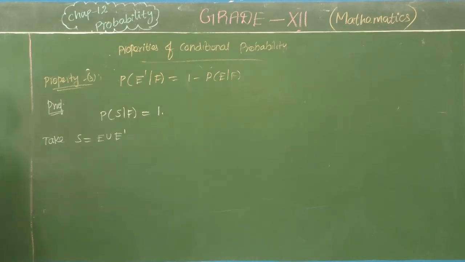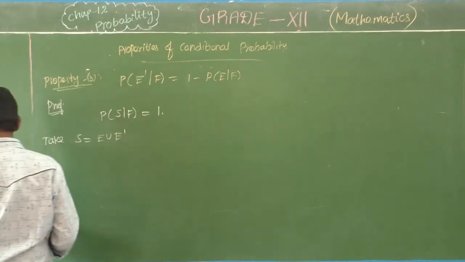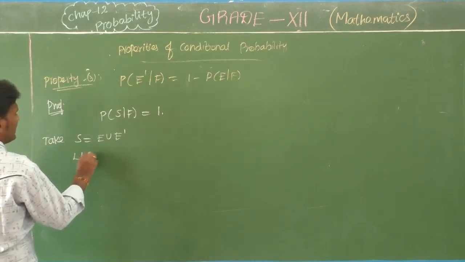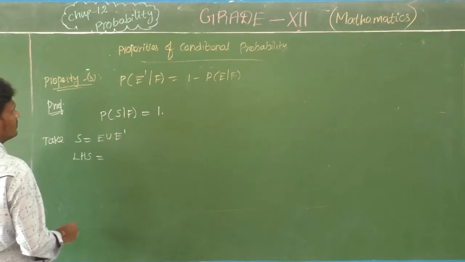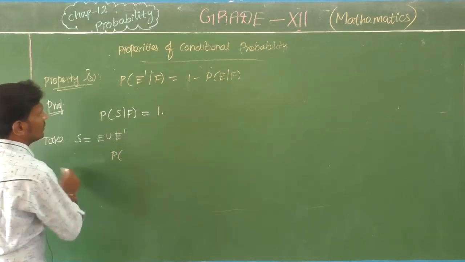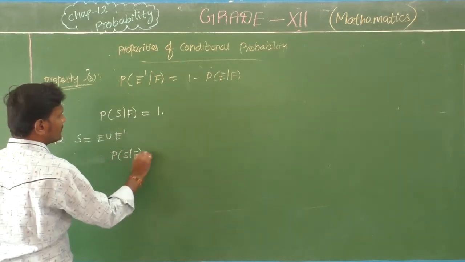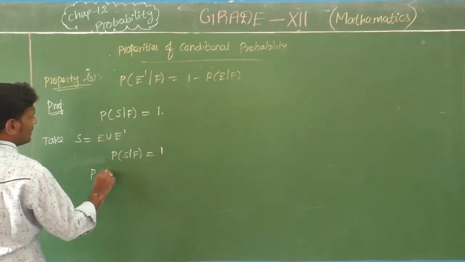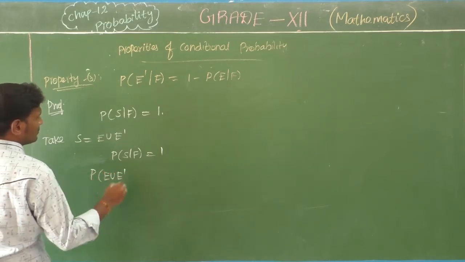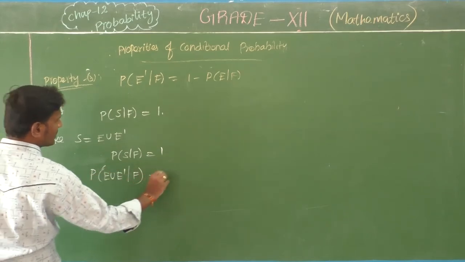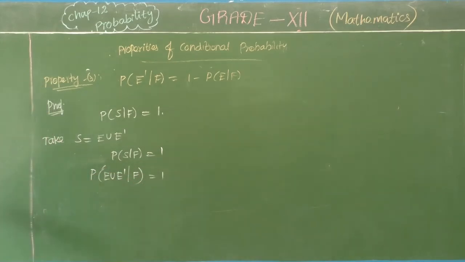So S equals E union E bar. Take the left side, P of S by F, which is equal to 1. Now, what can we put in place of S? E union E bar by F. P of E union E bar by F is equal to 1.